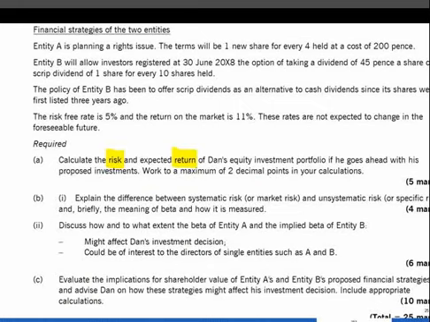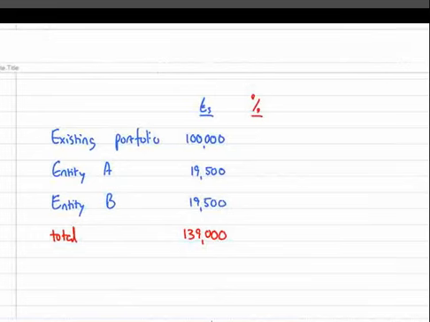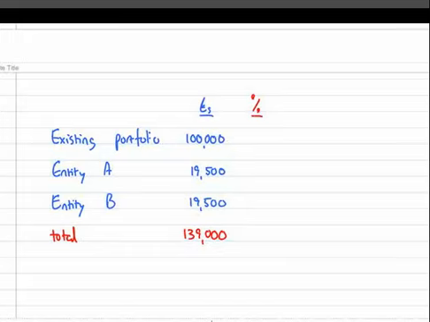Okay, so we know we've got the existing portfolio and the new investments in entity A and entity B. So the first thing that we can calculate is the percent of our portfolio that consists of each of these elements.